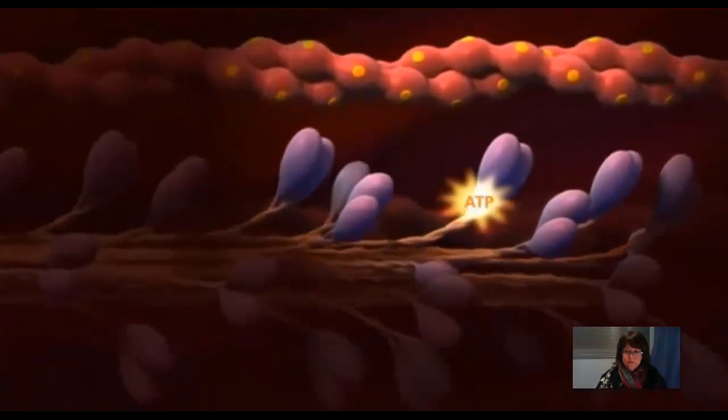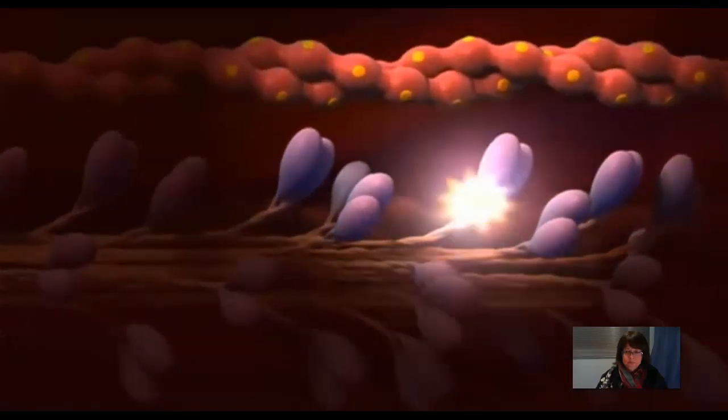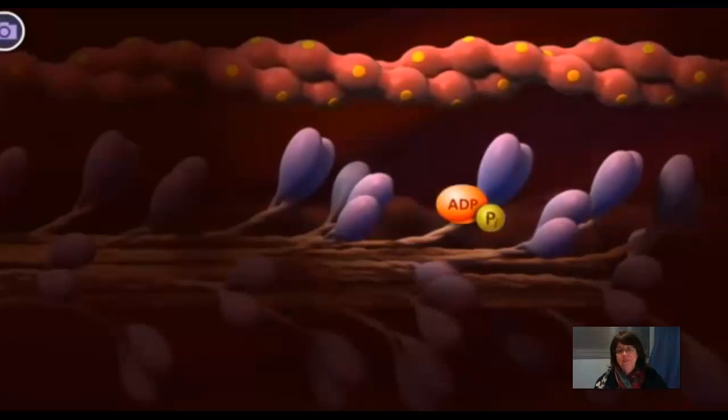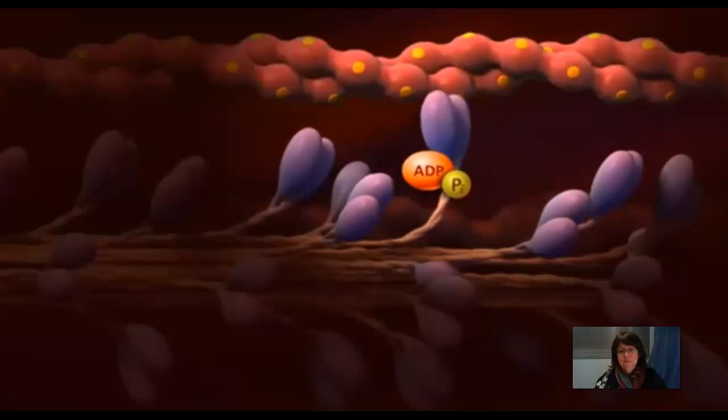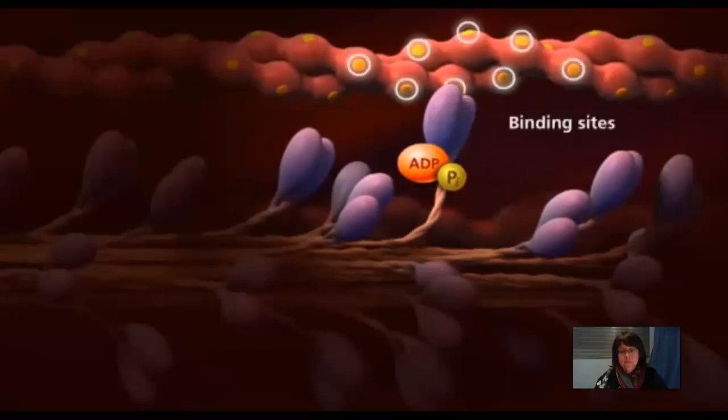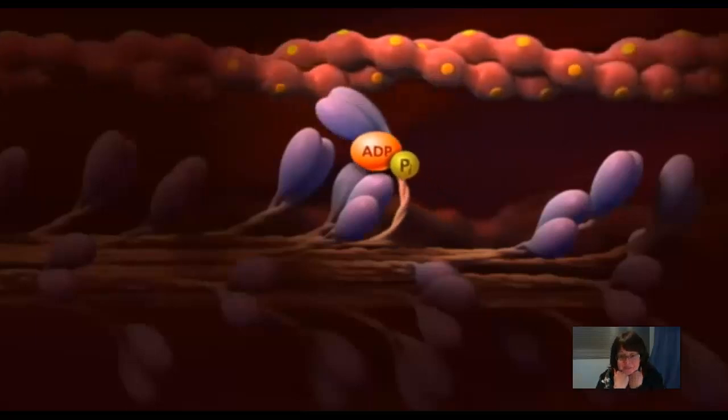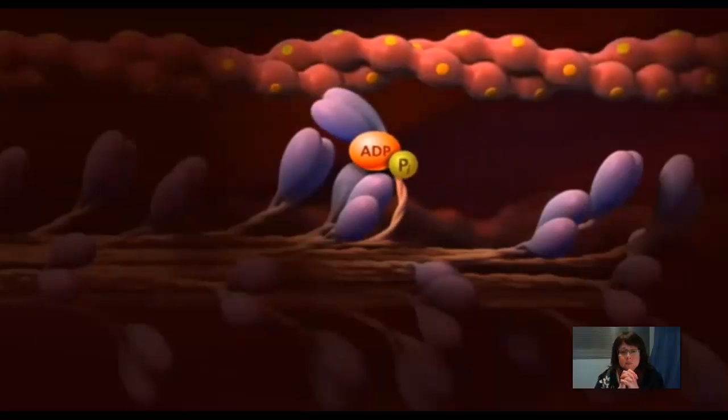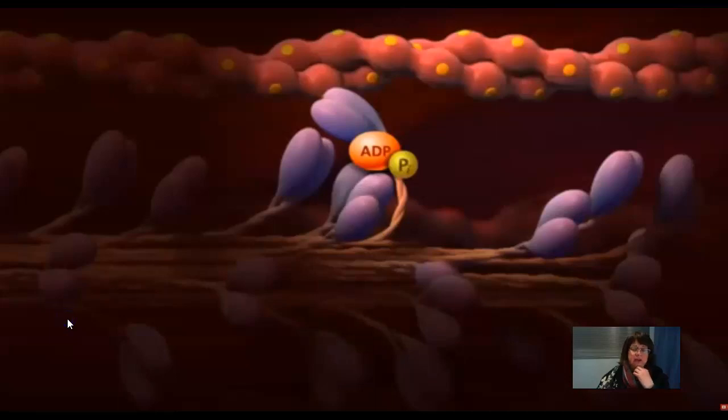A contraction begins when a bound ATP is hydrolyzed to ADP and inorganic phosphate. This causes the myosin head to extend and attach to a binding site on actin, forming a cross bridge. An action called the power stroke is triggered, allowing myosin to pull the actin filament toward the M line, thereby shortening the sarcomere. Okay.